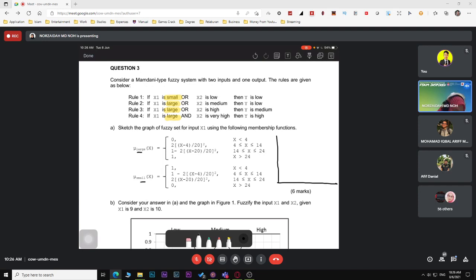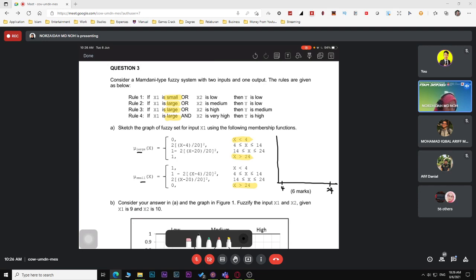Small tu, okay dia kata dia punya set daripada 4 sampai 24. Macam mana nak sketch? Ingat lagi macam mana nak sketch? You tengok dia punya universe of discourse. Okay, universe of discourse dia start dengan 4 sampai 24. Jadi kita tahu value dekat sini yang paling kecil 4, yang paling besar 24. Okay, boleh?